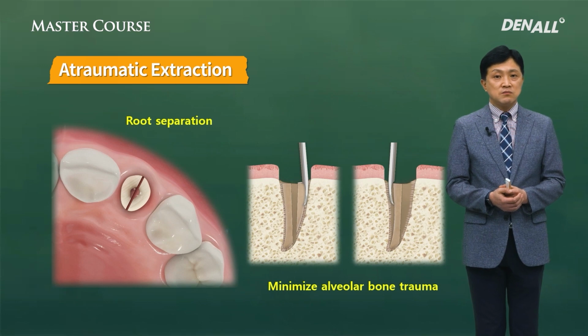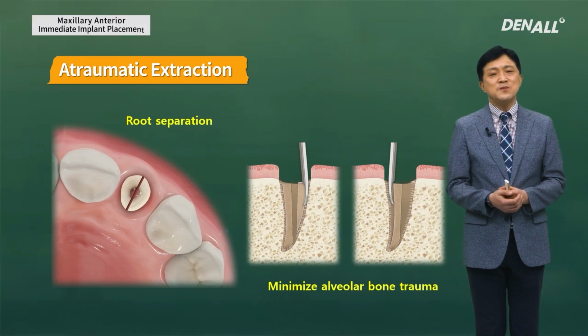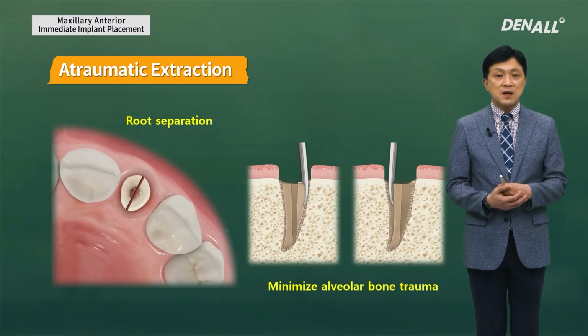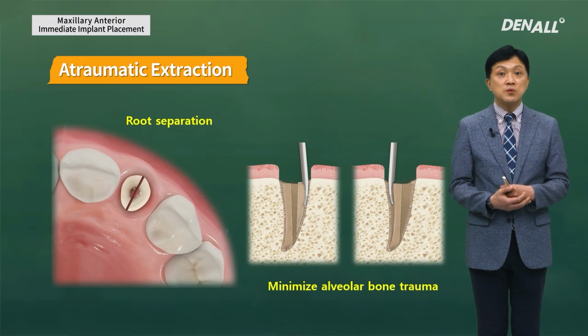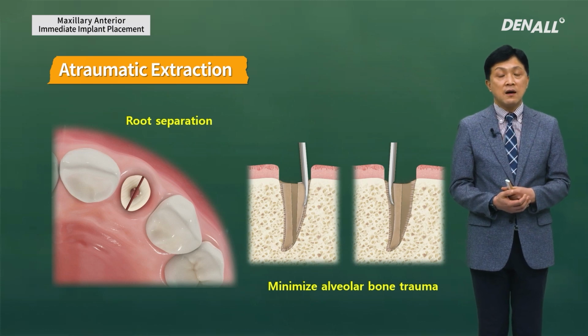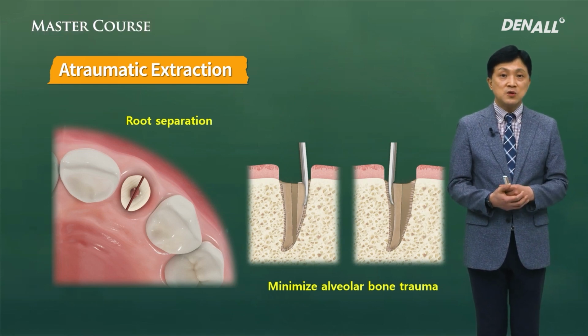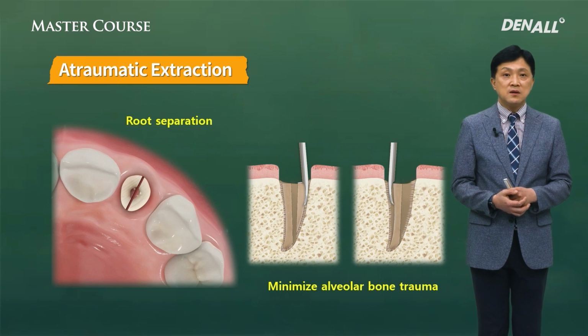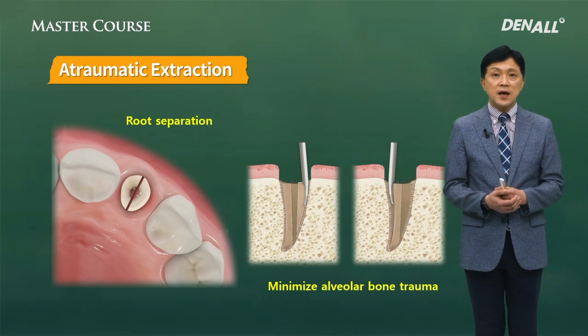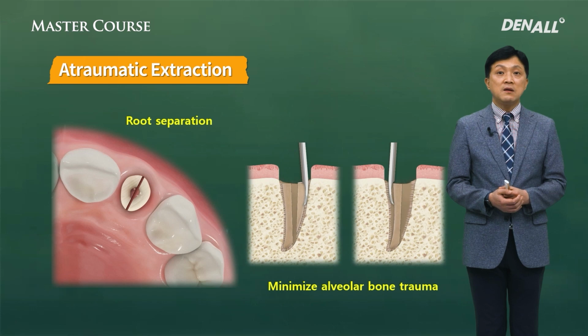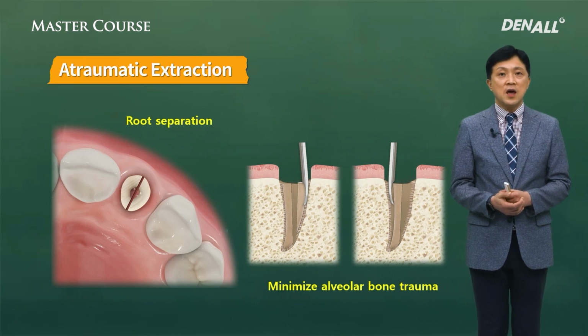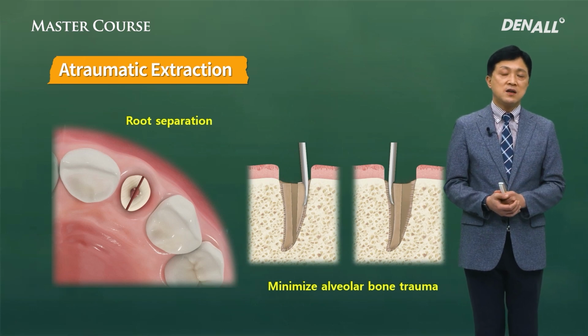I don't think any of you would do that, but it is not a good idea to make mesiodistal grooves for cutting or extraction, because mesiodistal cutting of a tooth requires the use of an elevator or a root picker on the labial bone, which may further damage the alveolar bone.